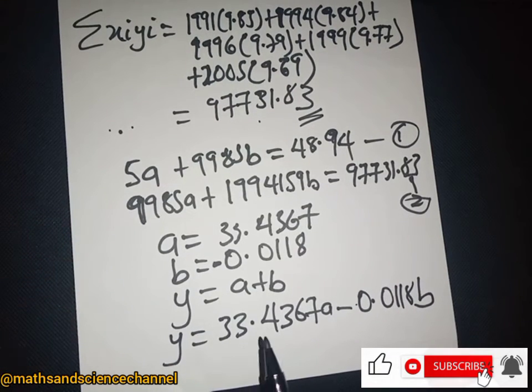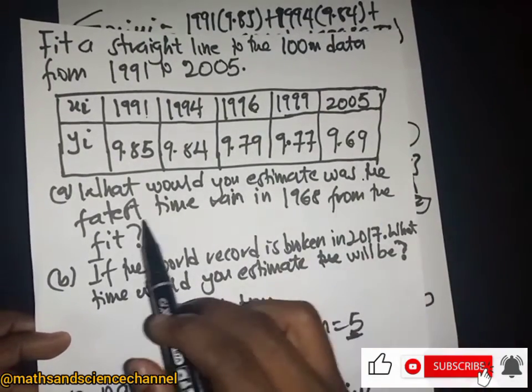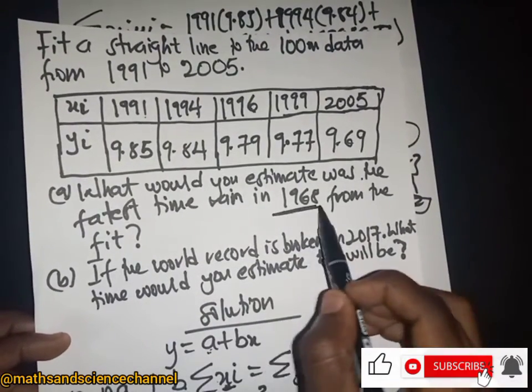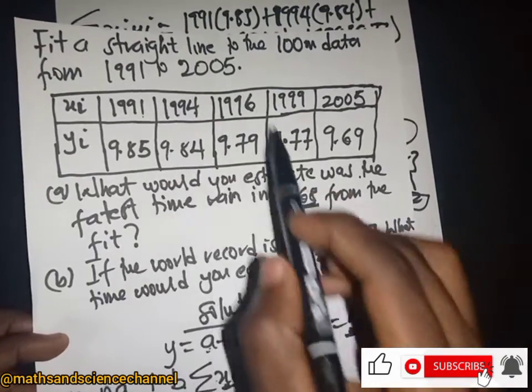Now the question says, what would you estimate was the fastest time in 1968? In 1968 here represents the year, so x is equal to that.